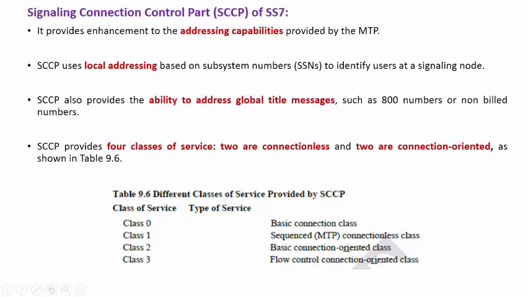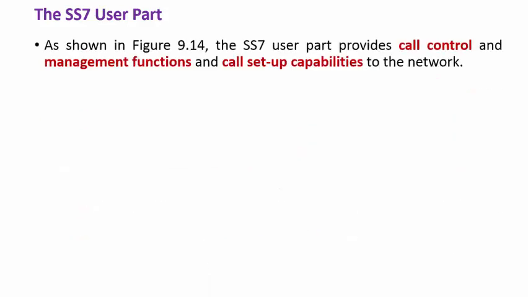Class 1 is a service related to the sequenced MTP connectionless class. Class 2 is related to the basic connection oriented class, and class 3 service deals with the flow control connection oriented class.